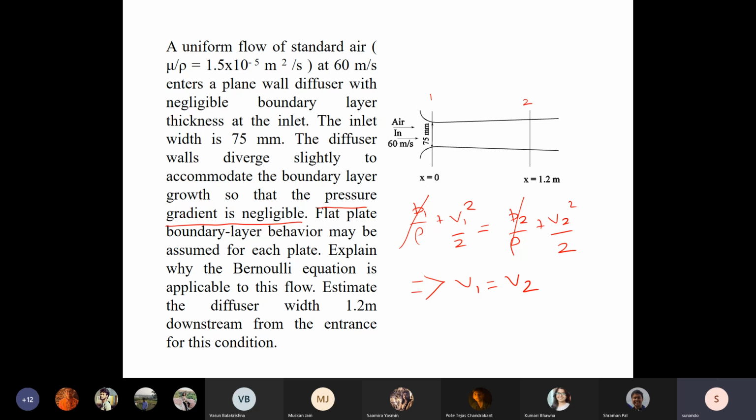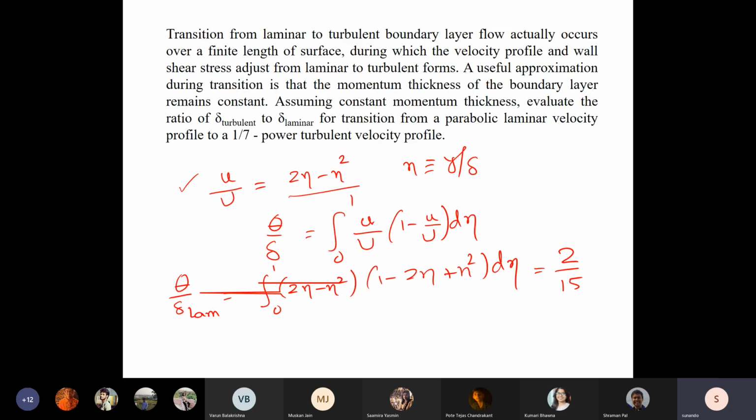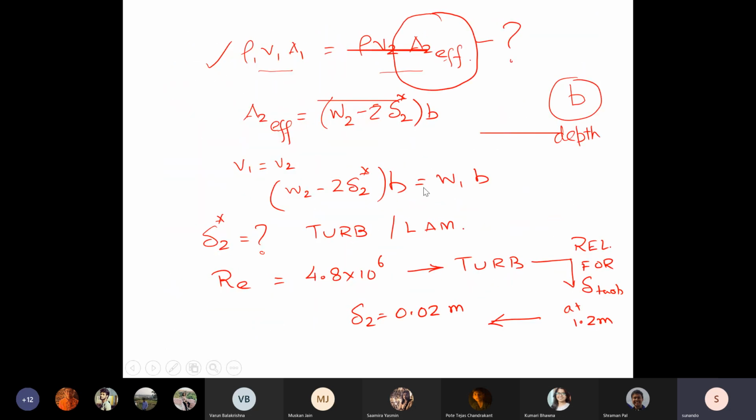Had B been specified and it is somewhat close to that 75 millimeter range, then your objection would be 100% acceptable, and it should be B minus 2 delta star as well. But the assumption here is B is quite large compared to W.